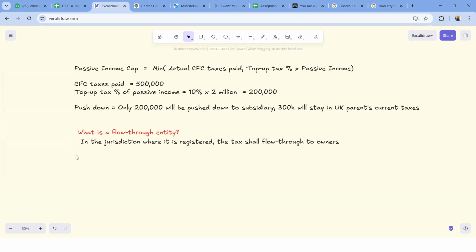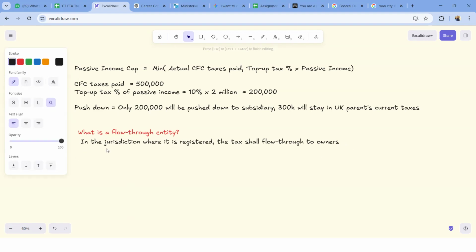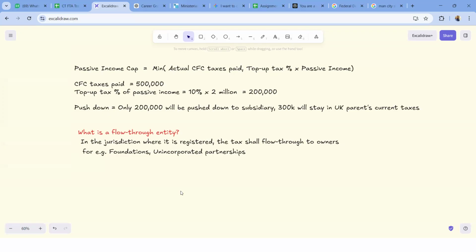We have examples in UAE also. In UAE, for example, foundations are, only if you choose, right? Unincorporated partnerships by default. These things are flow through entities. The tax would be paid by the owners.